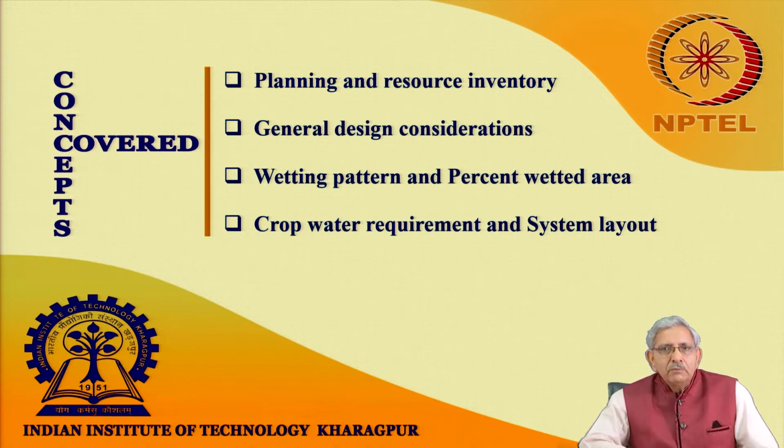After knowing the information available, having the resource inventory done, then we will take up the general points which are needed for designing a drip irrigation system: wetting pattern, percent wetted area by a particular type of drip emitter or set of group of drip emitters, how to determine crop water requirement, and finalizing the layout of drip system.